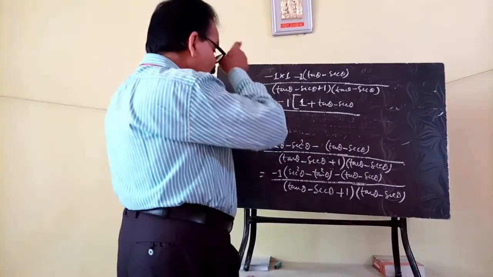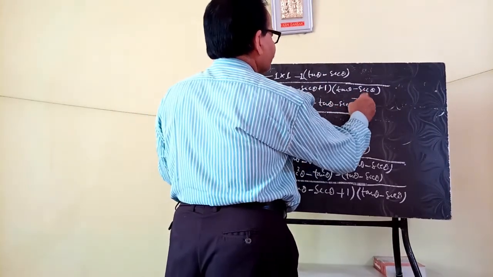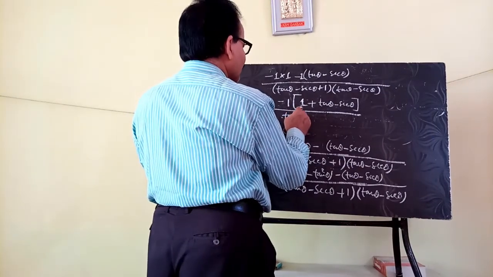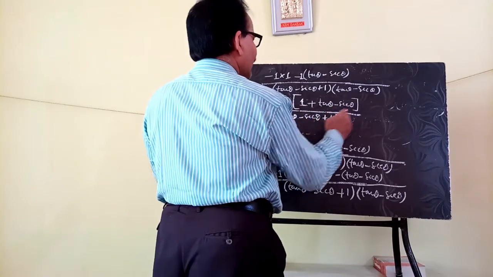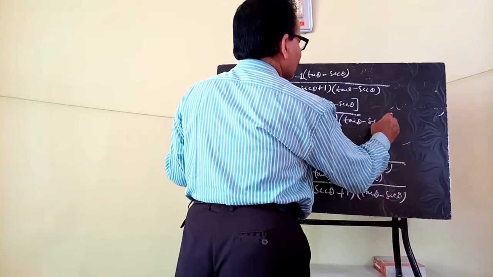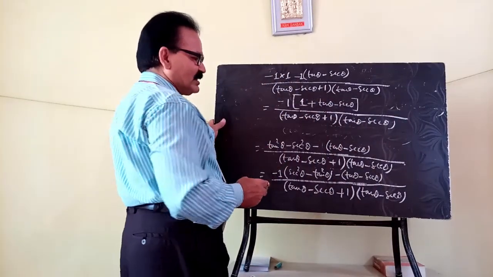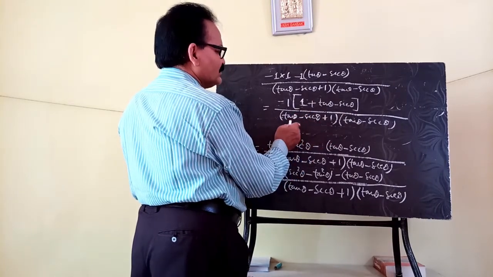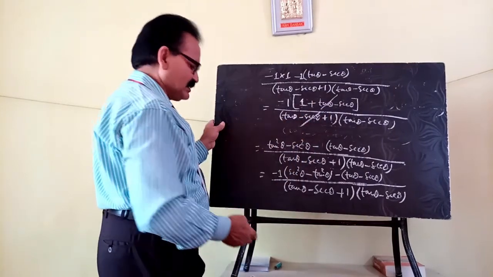Okay, this is your plus tan theta minus sec theta in the numerator, and in the denominator this is your tan theta minus sec theta plus 1, and this is your tan theta minus sec theta. Here, if we compare the numerator and denominator, plus 1 plus tan theta, plus 1 plus tan theta, minus sec theta, minus sec theta, that means this part will cancel each other.